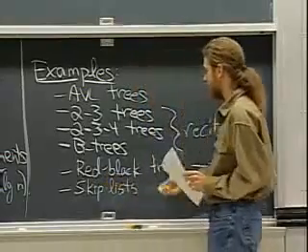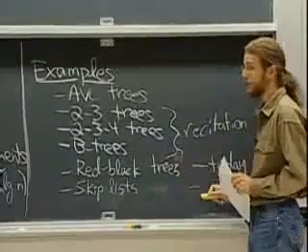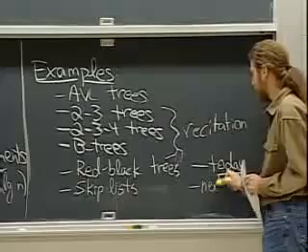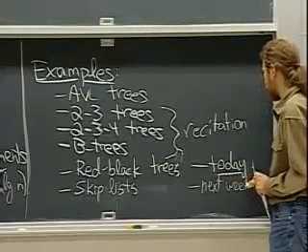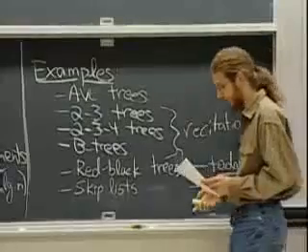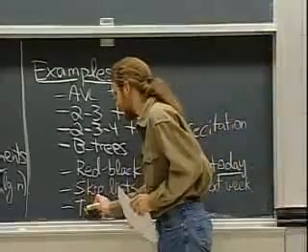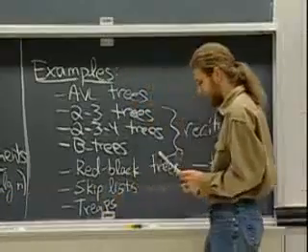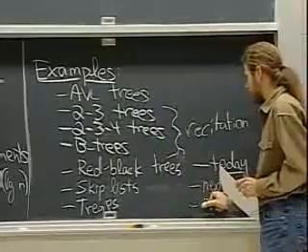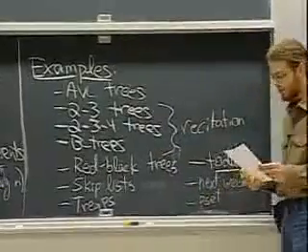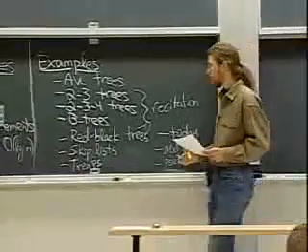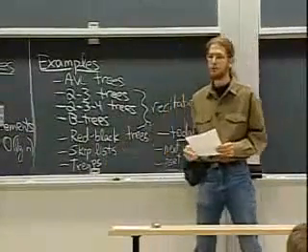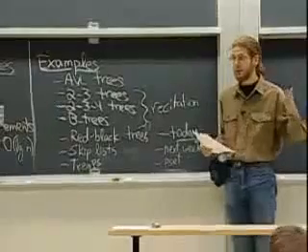So skip lists are ones that we'll cover next week. It's not exactly a tree, but it's more or less a tree. And one that you'll see on your problem set this week are treeps, which I won't talk too much about here, but they're in some sense easier to get because they essentially just rely on the material from last Monday.